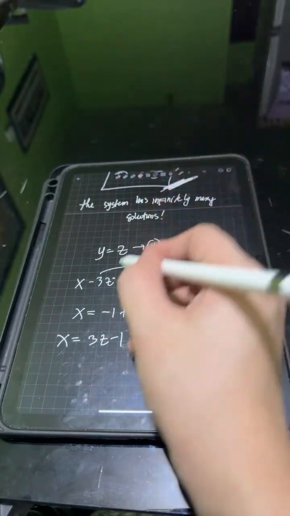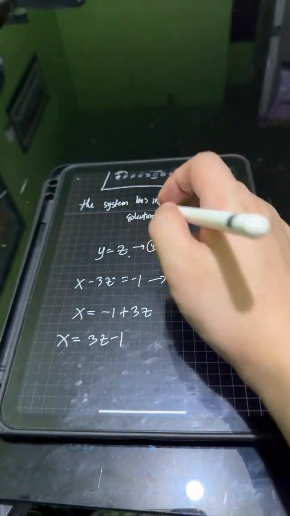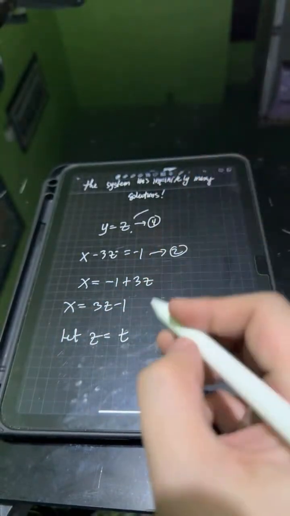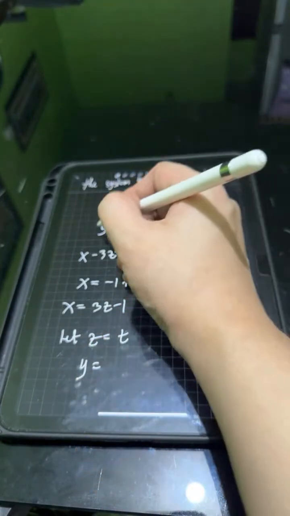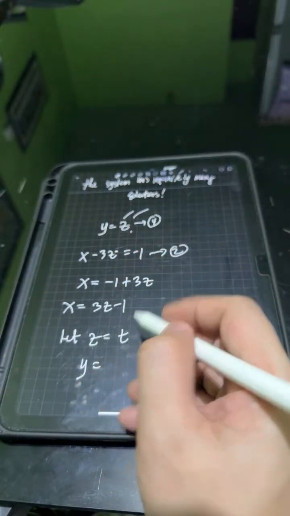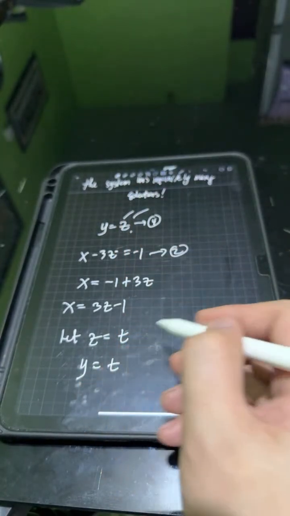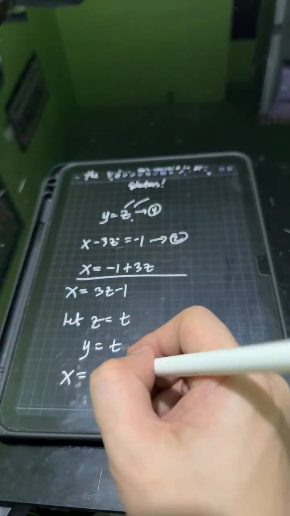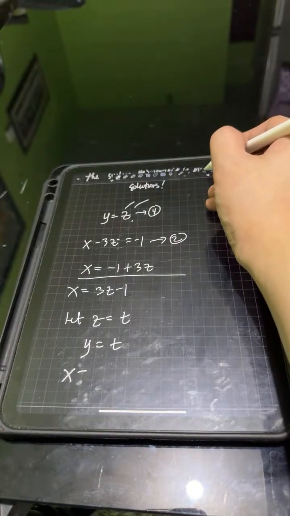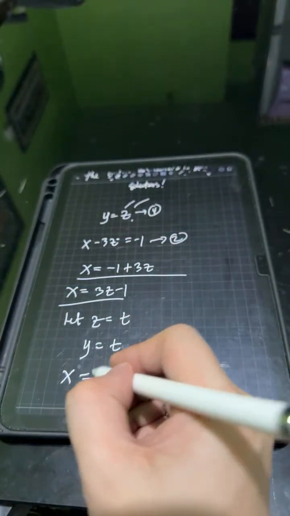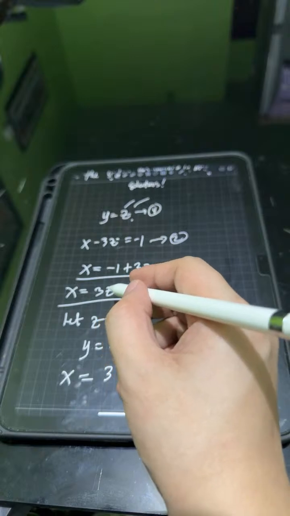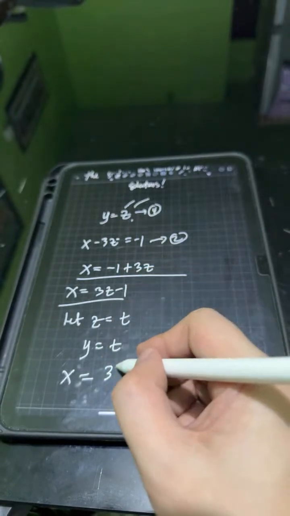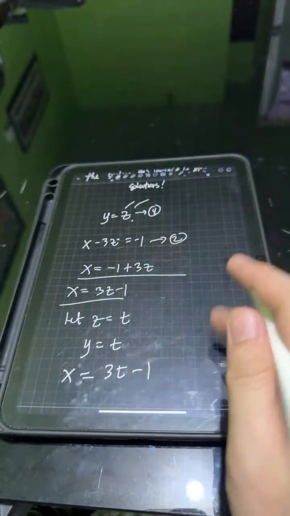Now, if we assign a parameter again, let's say t, if we let z be equal to t, therefore, since y is equal to z and z is already equal to t, y is also equal to t, right? And from here, x is 3z, but z is t. We can substitute z with t. So x is 3t minus 1.